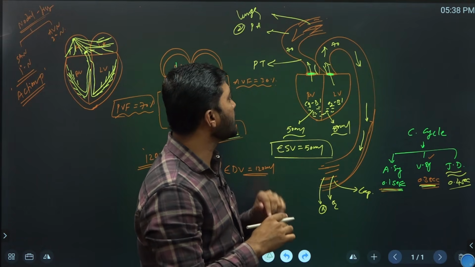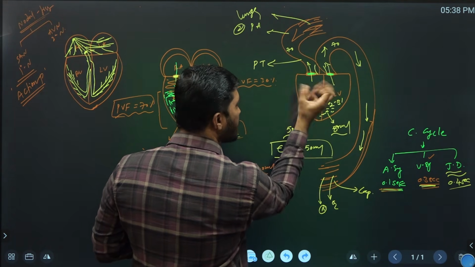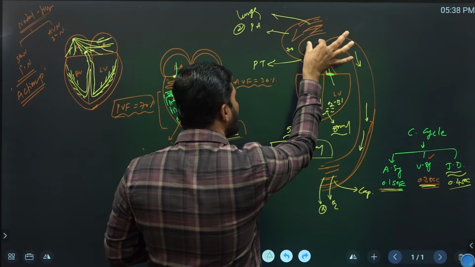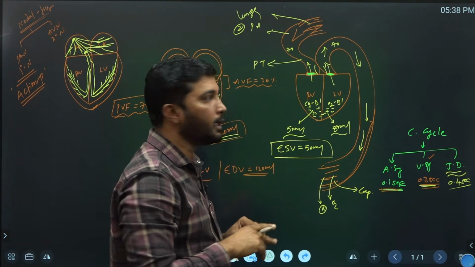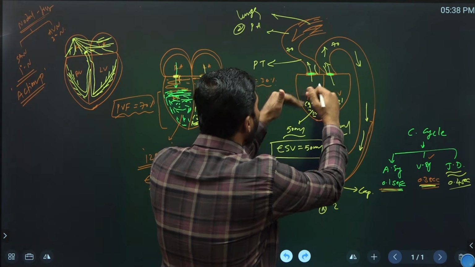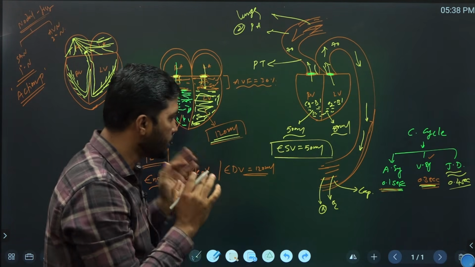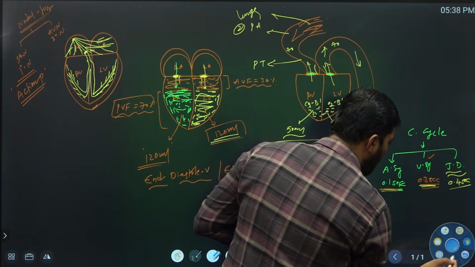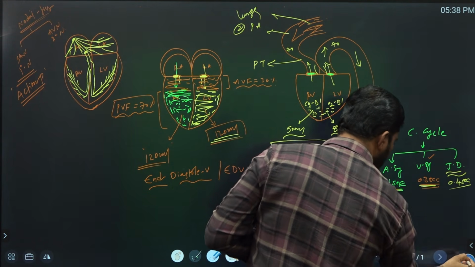Whereas the secondary sound, during diastole, is due to closing of the semilunar valves, and the heart produces the S2 sound. This is the main reason for the production of the heart sounds.